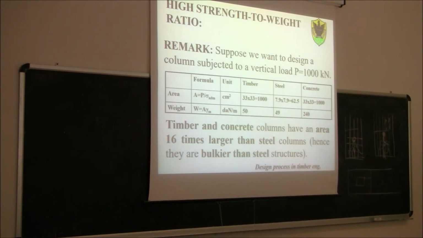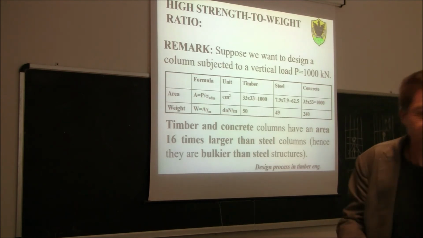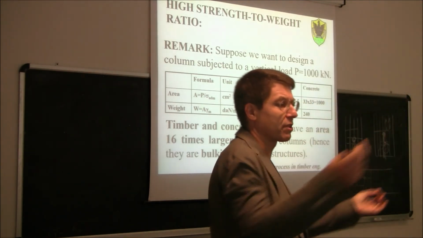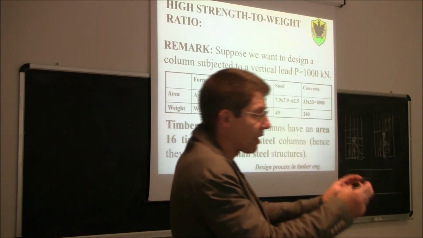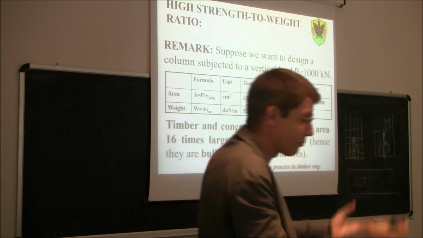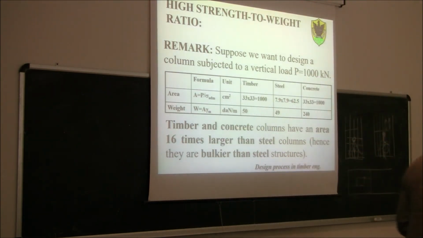So, if you get a question from an architect about having a structure which is almost invisible, I remember when I was teaching at the Faculty of Architecture in Sardinia, very often some students for their degrees were asking that they want to do an almost invisible structure. They were asking, can I do an almost invisible, of course not invisible, a structure that is not very important, that they cannot see so much? Can I do an almost invisible structure out of timber?